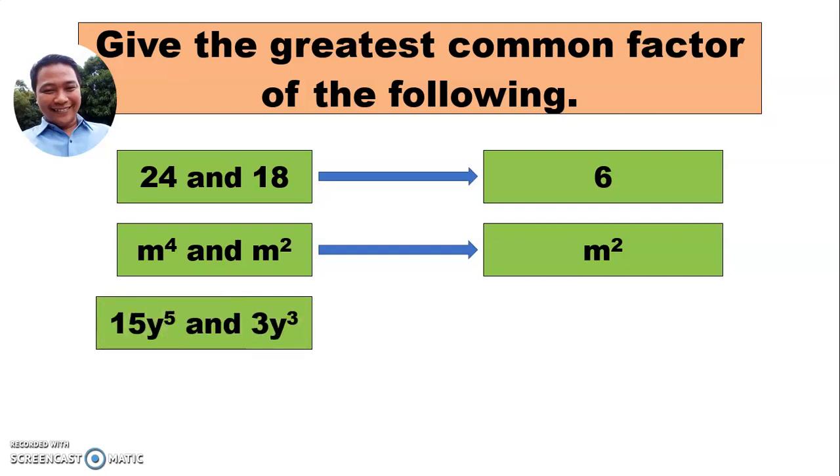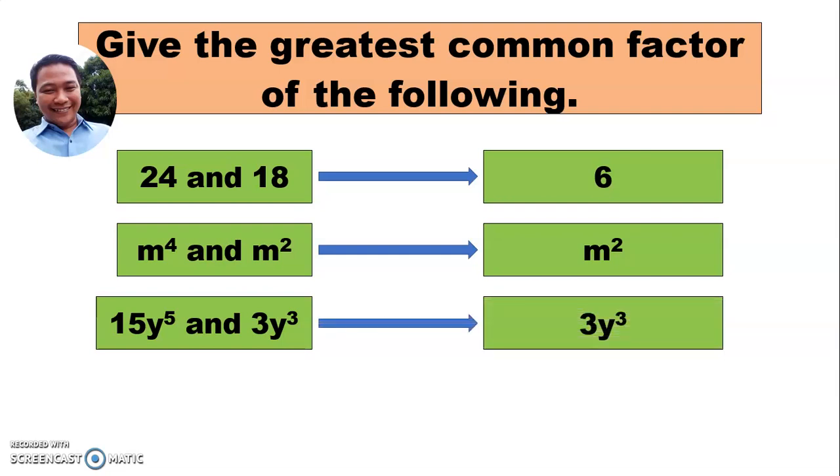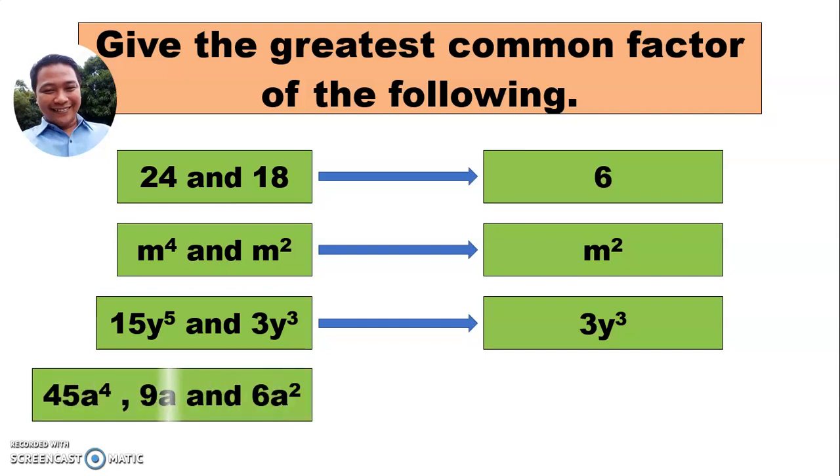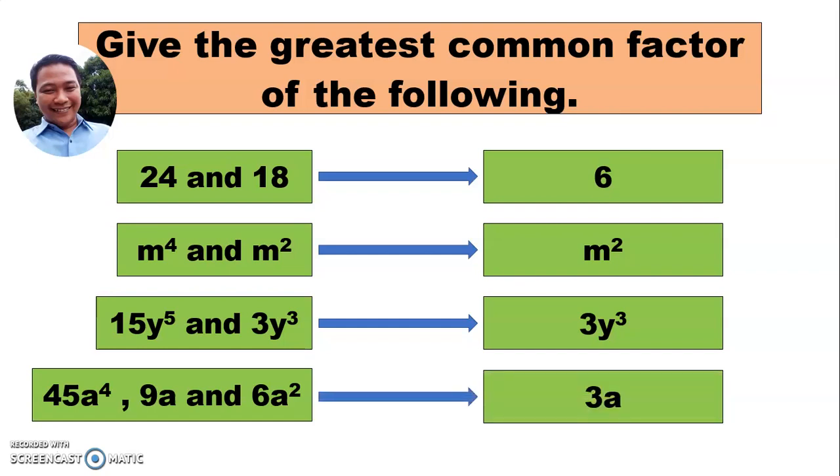Now let's have 15y raised to the fifth power and 3y cubed. Good job! The correct answer is 3y cubed. How about this one? 45a raised to the fourth power, 9a and 6a squared. Very good. It is 3a.